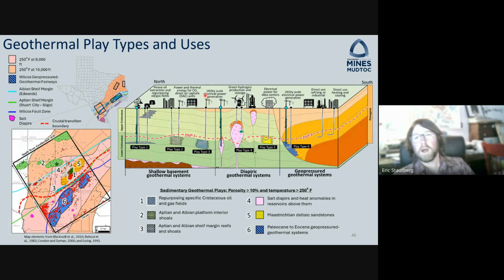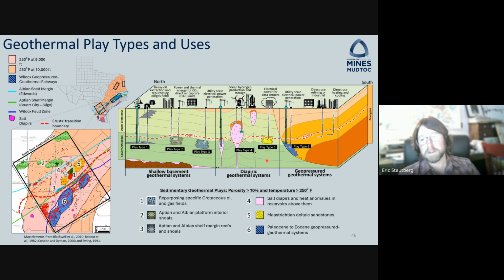I think one of my favorites that I added on here recently is using the geothermal energy to produce green hydrogen that could be potentially used as rocket fuel. You know, the SpaceX Starbase is down here in South Texas, and I just think it's very interesting that we could potentially be using geothermal energy to explore space.